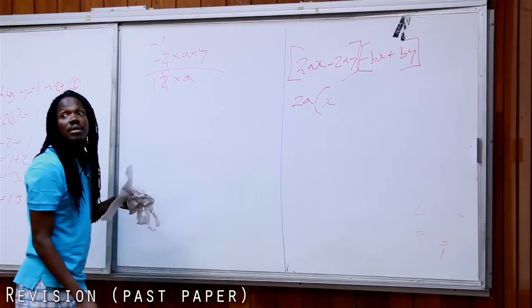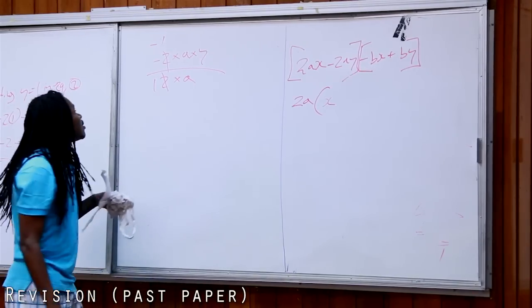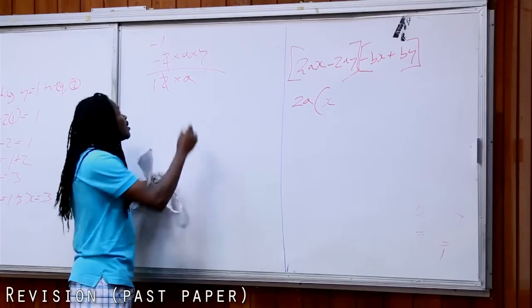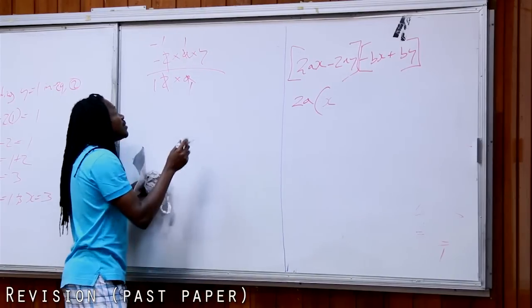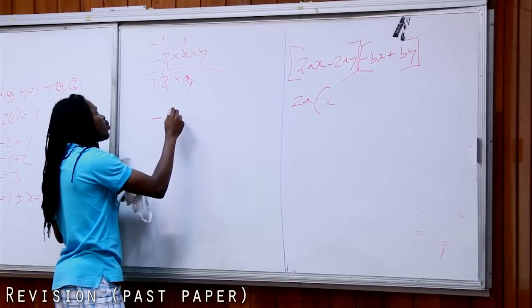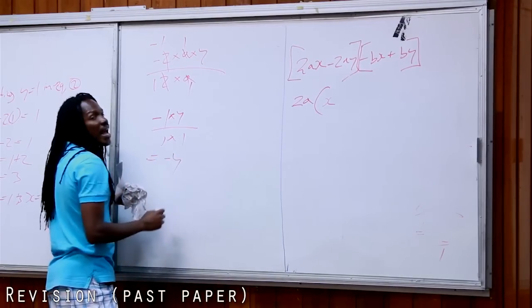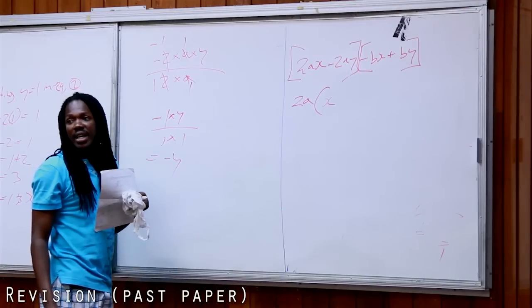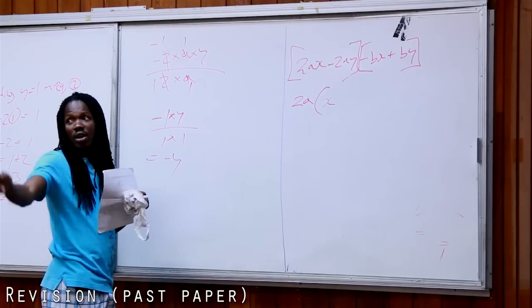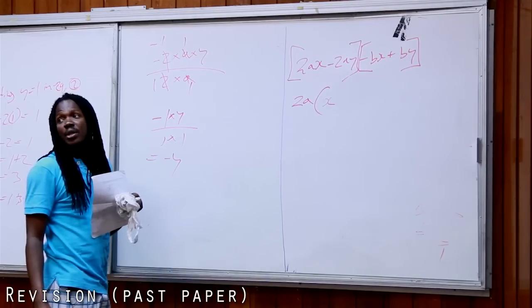So that's going to be negative 1 times 1, which is negative 1 times y over 1 times 1, equal to minus y. Everybody see that? You see?